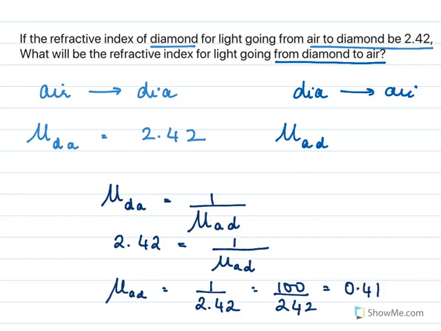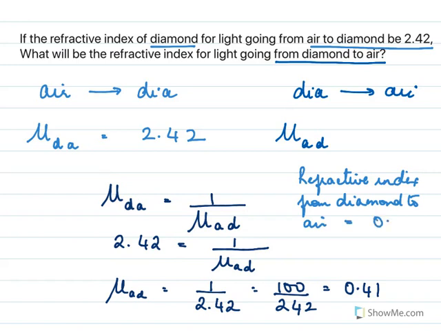So I can now say refractive index from diamond to air is 0.41. That means refractive index of air with respect to diamond is 0.41. They are reciprocals.